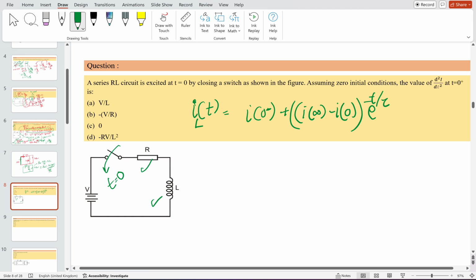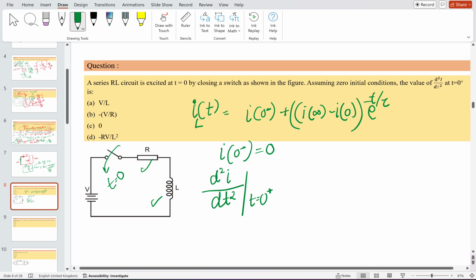Then it says to assume the initial conditions to be 0. It means that I(0 minus) is equal to 0. There is no flux stored inside the inductor. And it is asking what is the value of d square I by dt square at t equal to 0 plus.